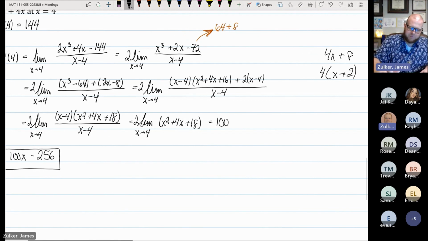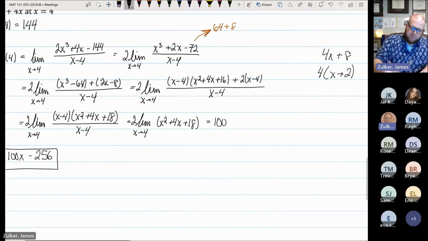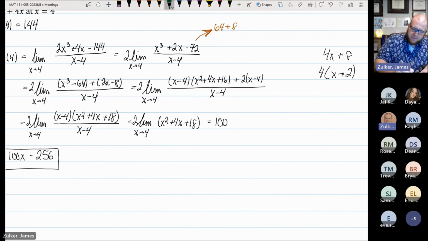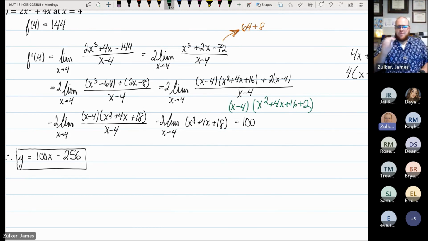So what happened is once we factored out the x minus 4, what we were left with was this, right?